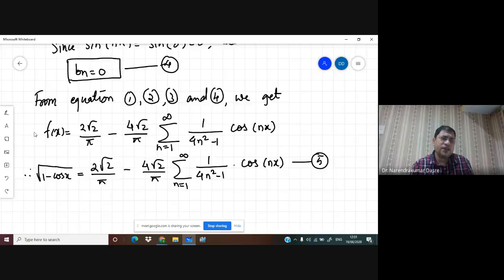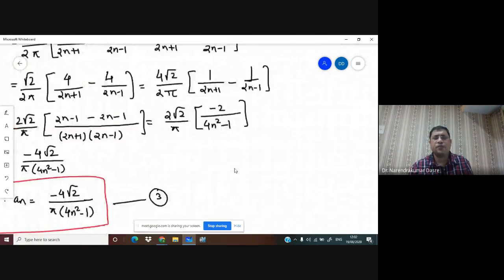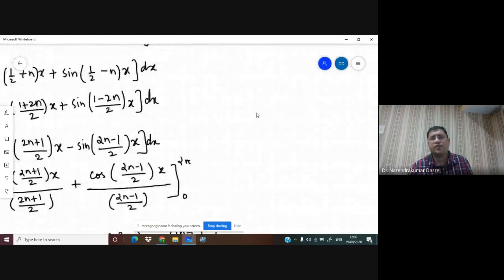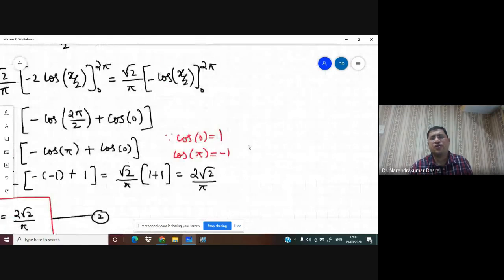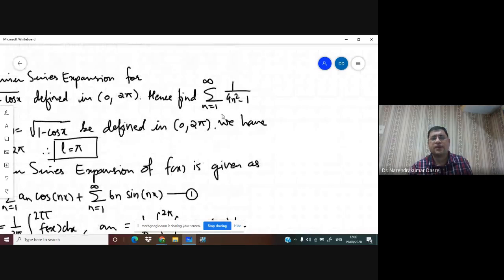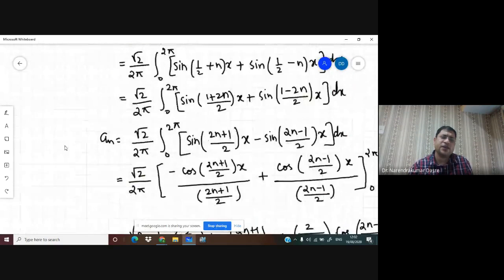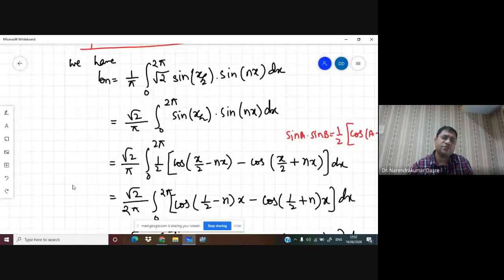Now see the claim we want to prove. Let us see what the claim is. The claim is that we want to find out the value of this series 1 upon 4n square minus 1. So where can we see this series in the final expansion?